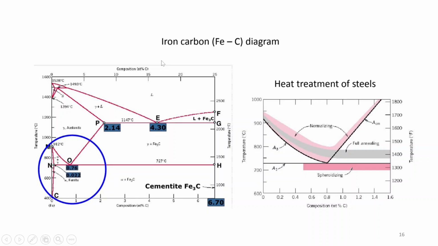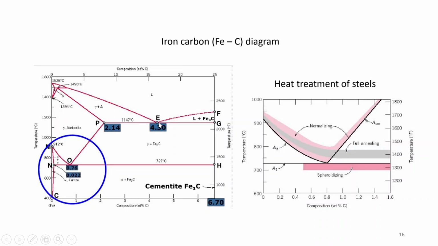So here in the iron carbide diagram we can see three reactions that will be taking place: eutectoid reaction, eutectic reaction and peritectic reaction. In case of peritectic reaction, delta and liquid convert into austenite.